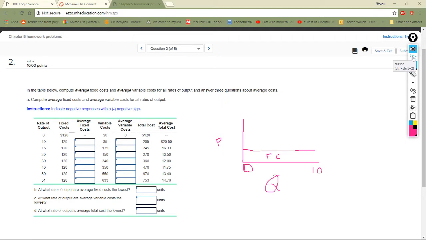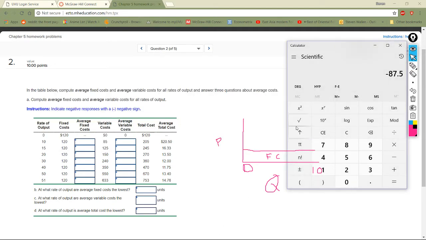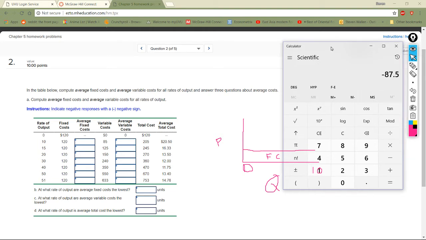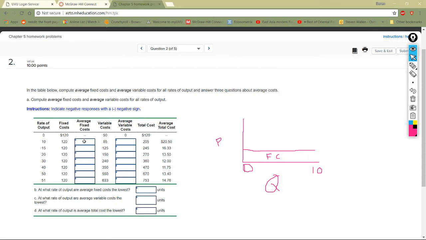So we come over here. Let's go ahead and get our calculator, shall we? Okay. Calculator. So all we do is you just take basically what's here. See that fixed cost of 120? Then you just divide it by how many are there. So 12.